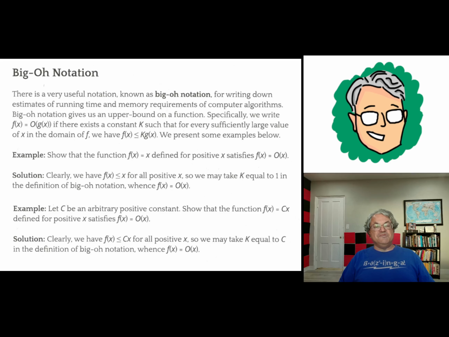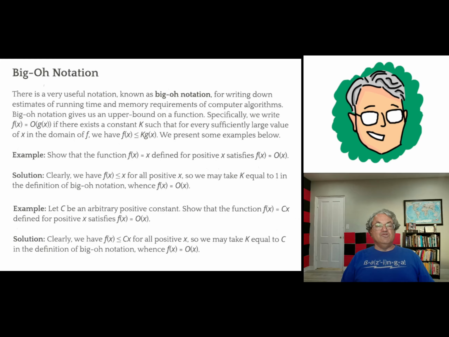So suppose we have some univariate function f of x, and we say that f of x is big O of g of x, where g of x is another function. What we mean by that is that for every value of x, we can bound f of x by some constant times g of x.